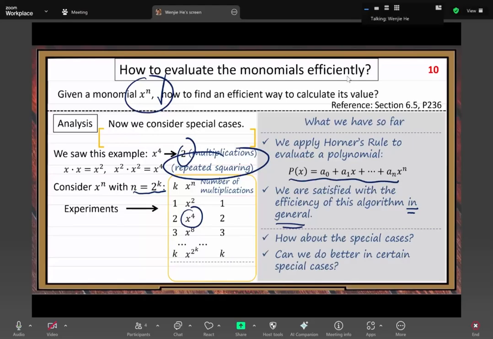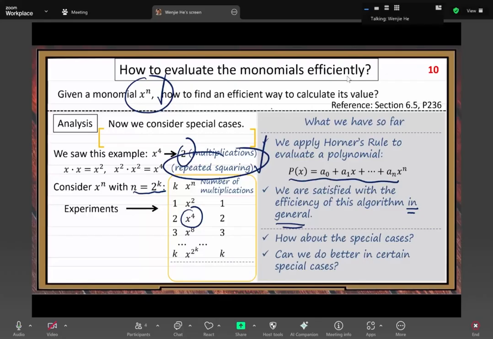When you calculate a monomial this way, it is much faster than direct multiplication. If you do not use this way and use a for loop to do multiplication, that way is much slower than this way.